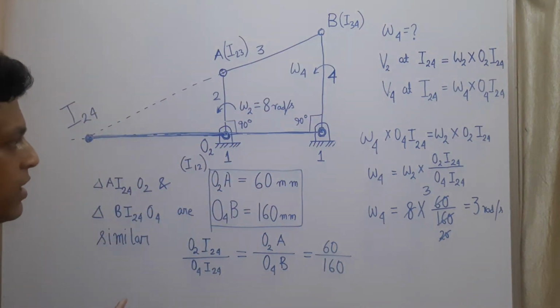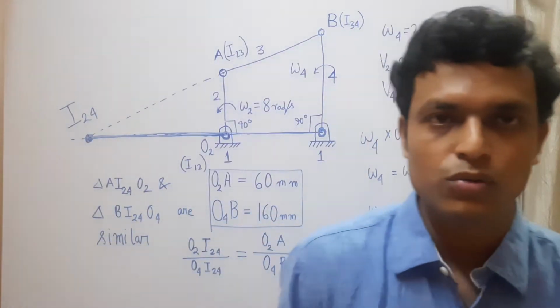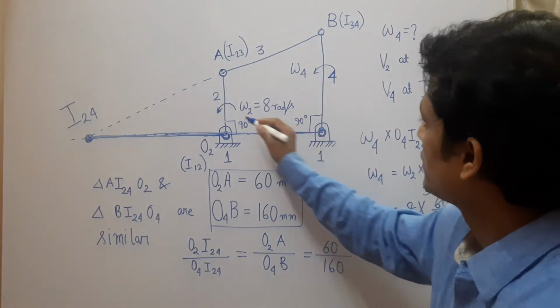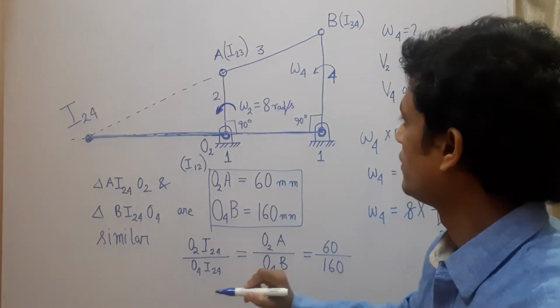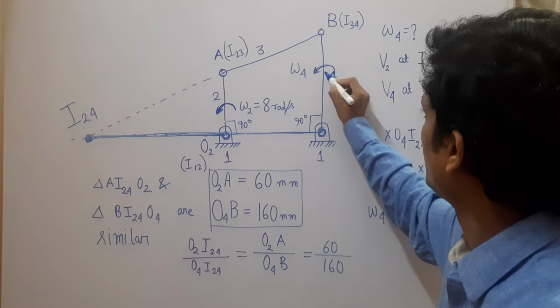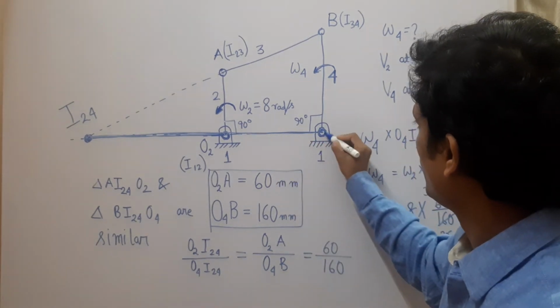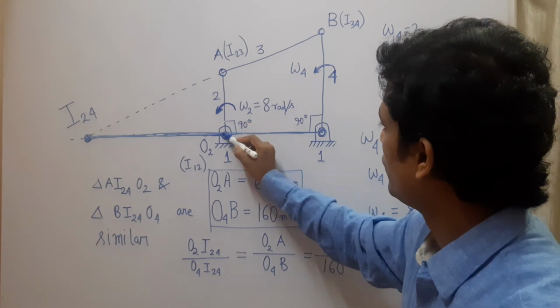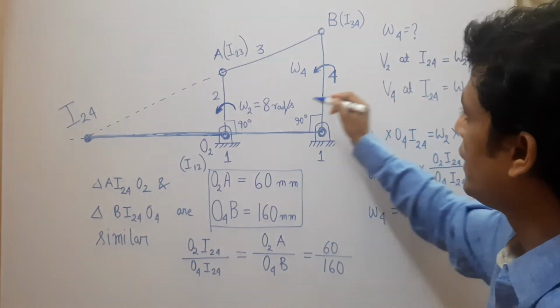So what is the concept? I am giving you the conclusion. Where rotational speed of link 2 is given, you have to find out rotational speed of link 4. So you have to make a relationship between velocity of link 2 and 4. Which point will give you that? I24.